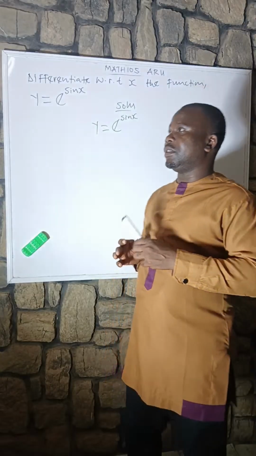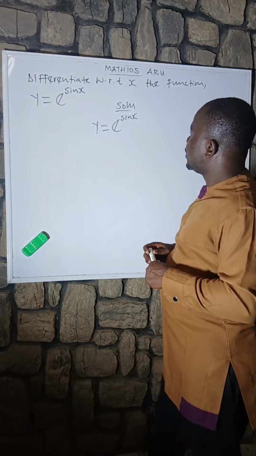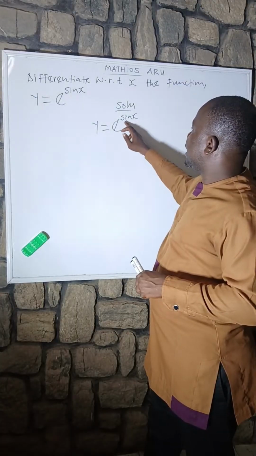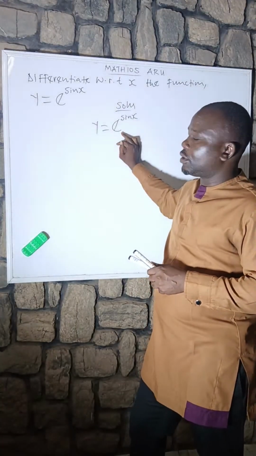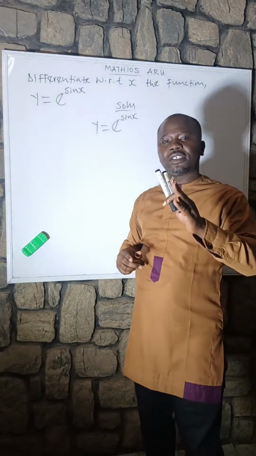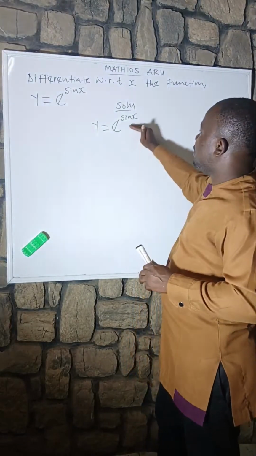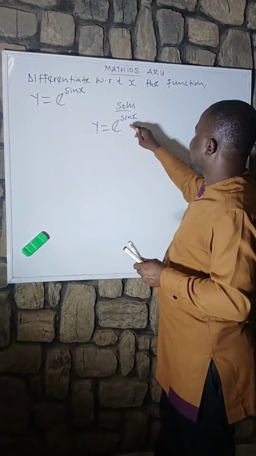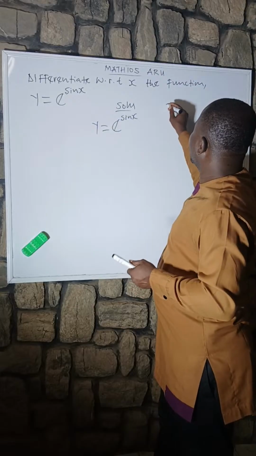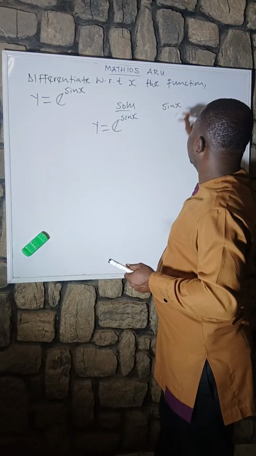If you want to apply the direct approach, these are exponential functions. Whenever you come across functions of this form, first consider what is here. What is here? Sine x.